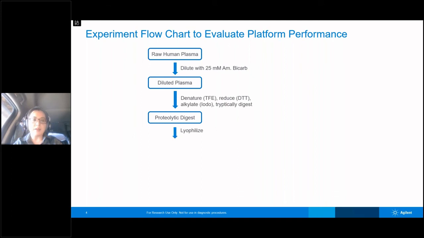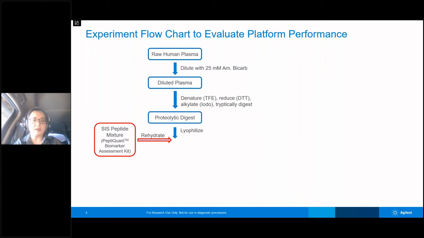Then we directly dried down the sample without any cleanup steps. We reconstituted the sample and spiked it with stable isotope labeled peptide standard mixtures, purchased from MRM Proteomics. It is a PeptiQuant biomarker assessment kit, and the standard peptides are balanced to equal amounts in the mixtures.